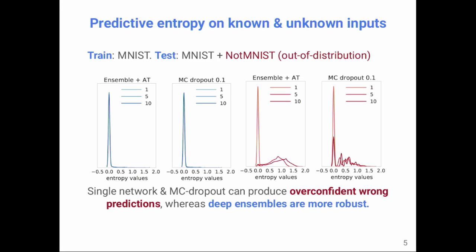The predictive entropy rises significantly. For MC dropout, however, there's still a spike even as you increase the number of samples. There is still a significant chunk for which the network is overconfident and wrong. This can be bad in practice because when the network is making a mistake, if it's not confident, then we can know not to trust the model's predictions.